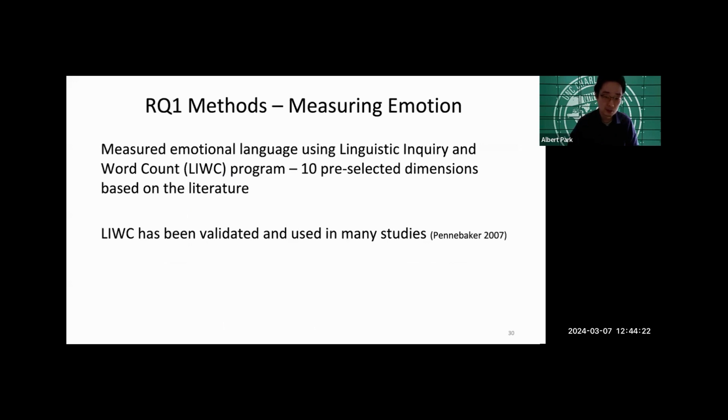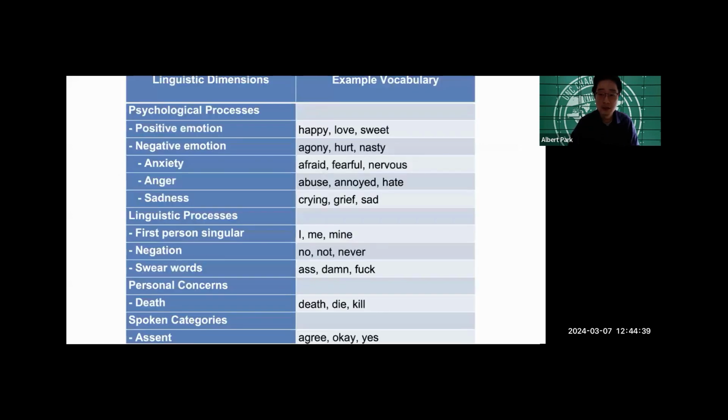To measure emotion, I used LIWC, Linguistic Inquiry and Word Count, and I selected 10 dimensions based on literature. LIWC has been validated and used in many different social studies. These are the 10 linguistic dimensions and their example terms.